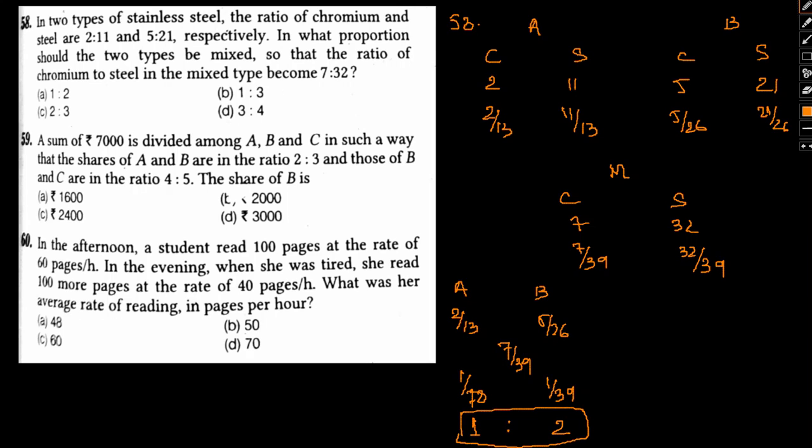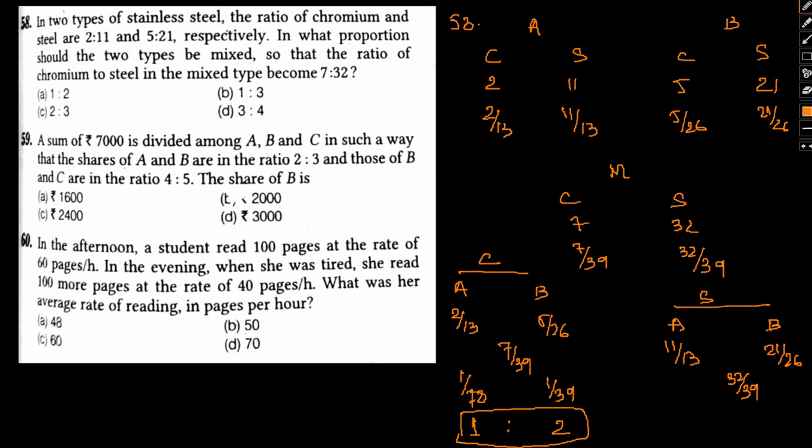Now this I have done keeping chromium, and if I do the same keeping steel, then what do we have? So A and B we have, so it is 11/13 and for B we have 21/26 and finally we need 32/39.